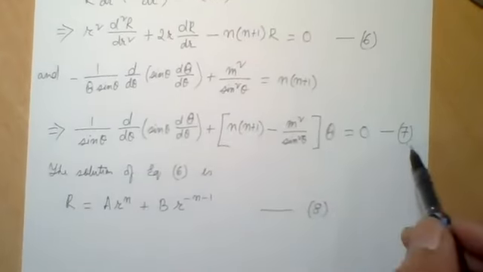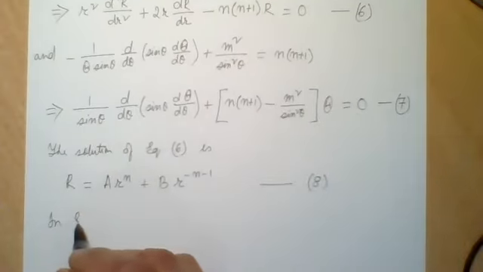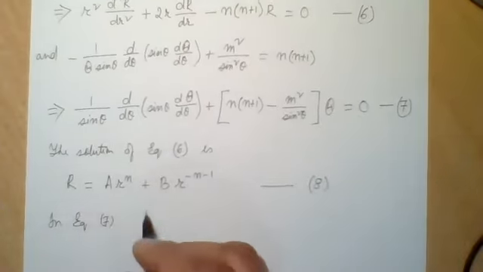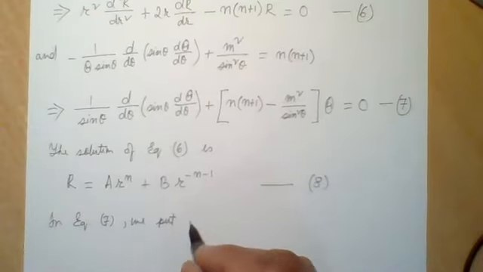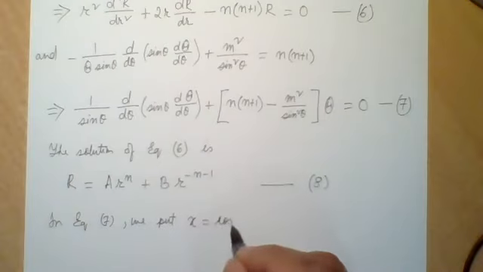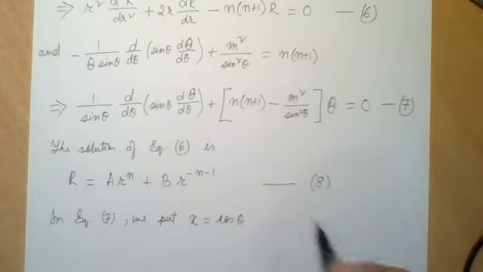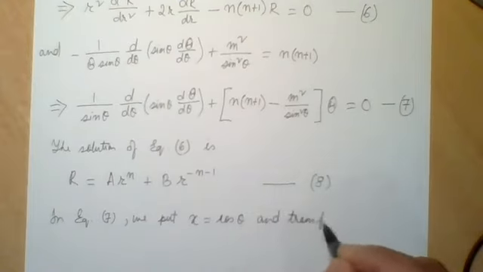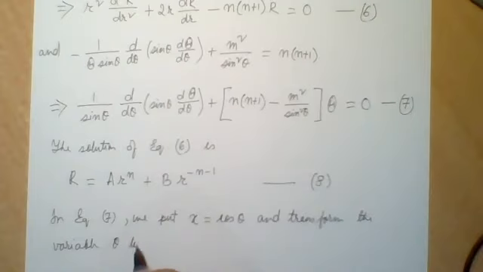Then let us simplify equation number 7. In equation number 7, we put x equal to cos theta. Let us put x equal to cos theta and transform the variable small theta to the variable x.